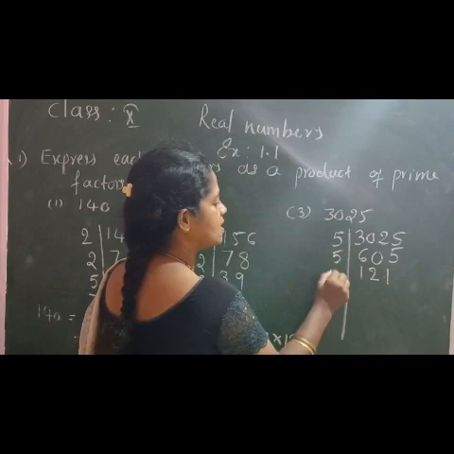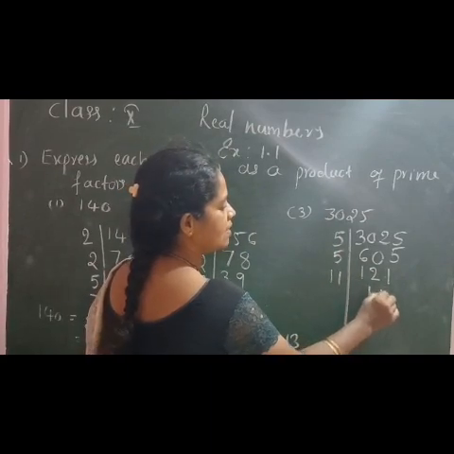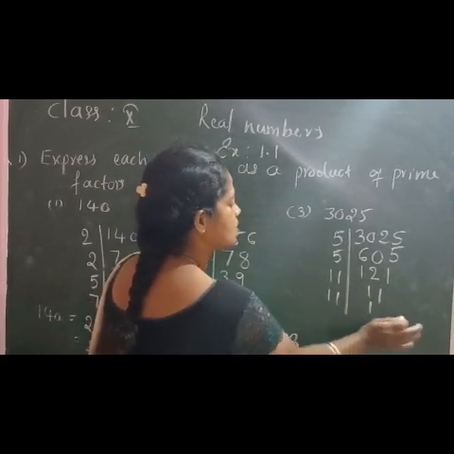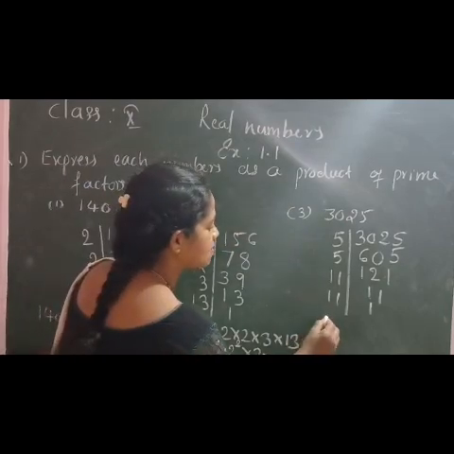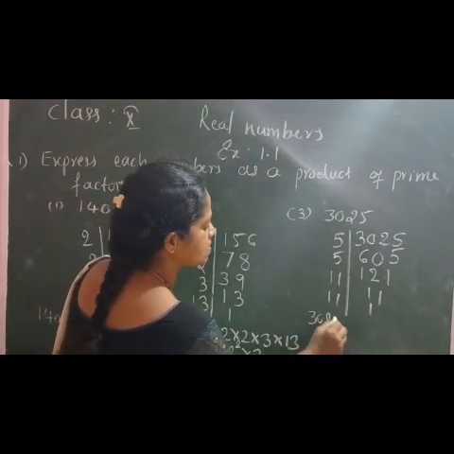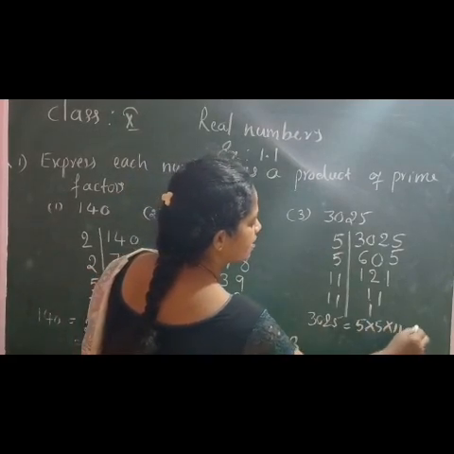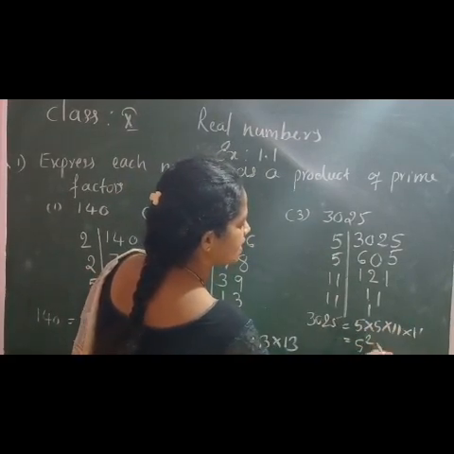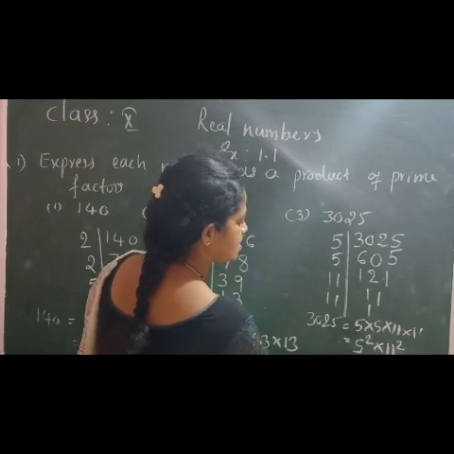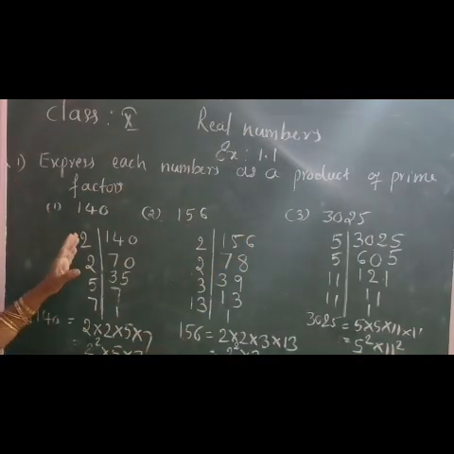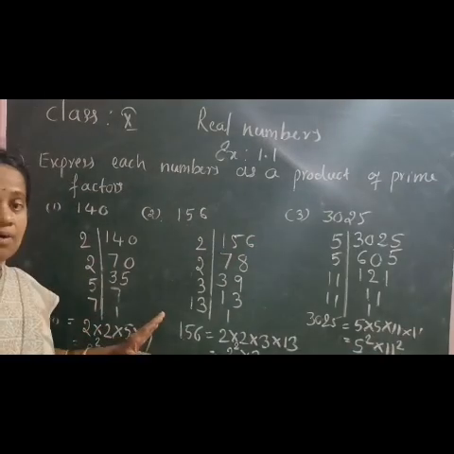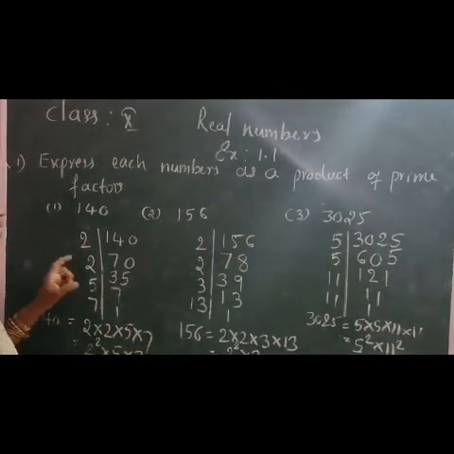Then 121 is divisible by 11: 11 times 11 is 121, and 11 times 1. So write down the factors here. 3025 is equal to 5 into 5 into 11 into 11. That is 5 square into 11 square. This is the way of finding the prime factors of the given number.